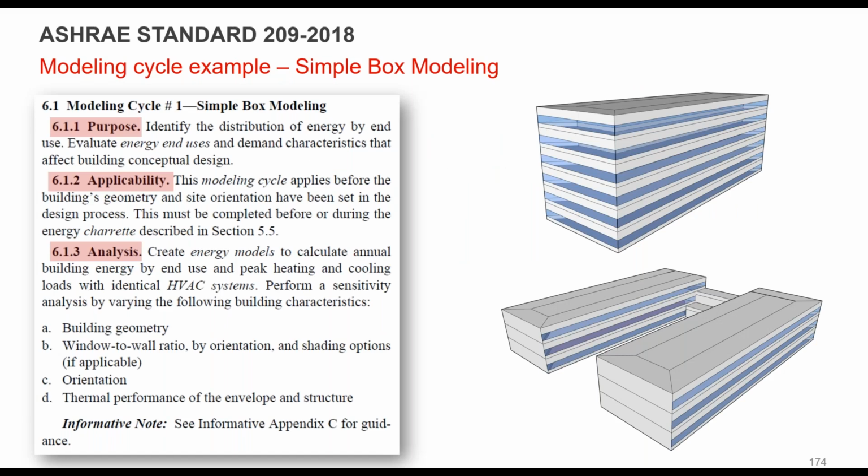This is an example for the simple box modeling. You're just trying to look at the energy end uses and demand characteristics for that. And you're trying to create models that have effective geometry, window to wall ratio, and orientation. There's an informative Appendix C in Standard 209 that will help as well.